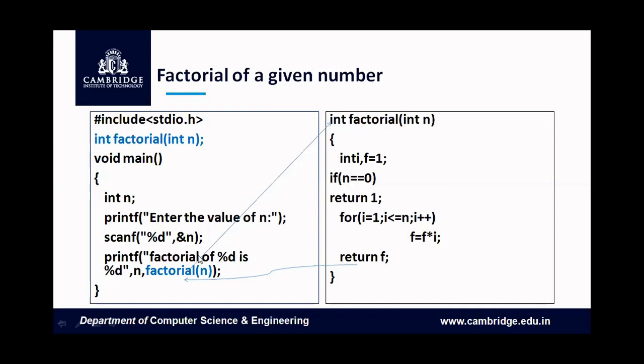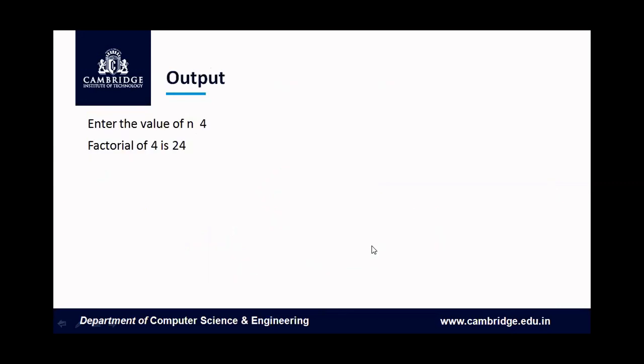Whatever value I have passed here, 4, the 4 will be copied here. Int i, f equals 1. If n is 0, then return 1. The factorial of 0 is always 1. Otherwise, calculate the factorial and return the final value. For example, the factorial of 4 is 24. It returns like this. I hope you have understood.